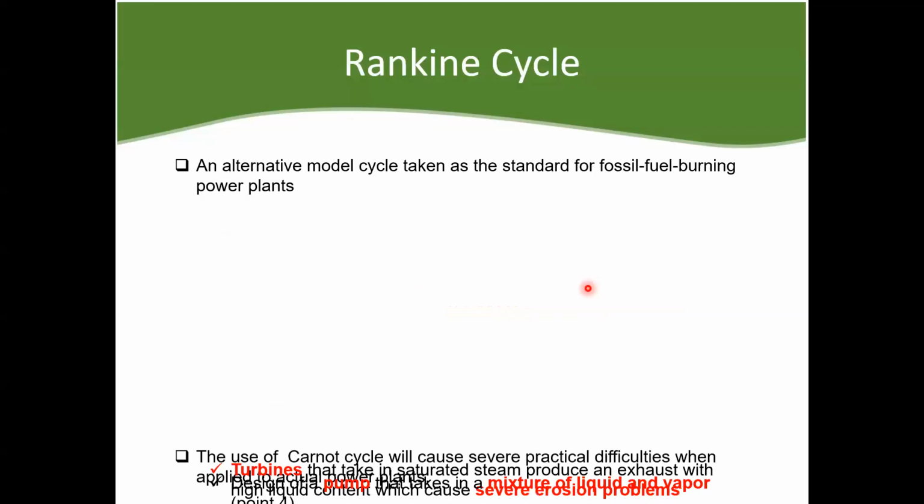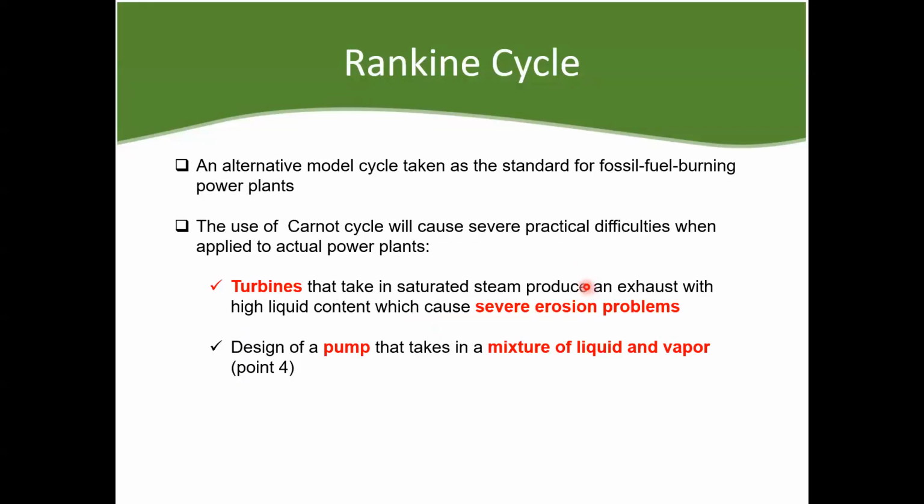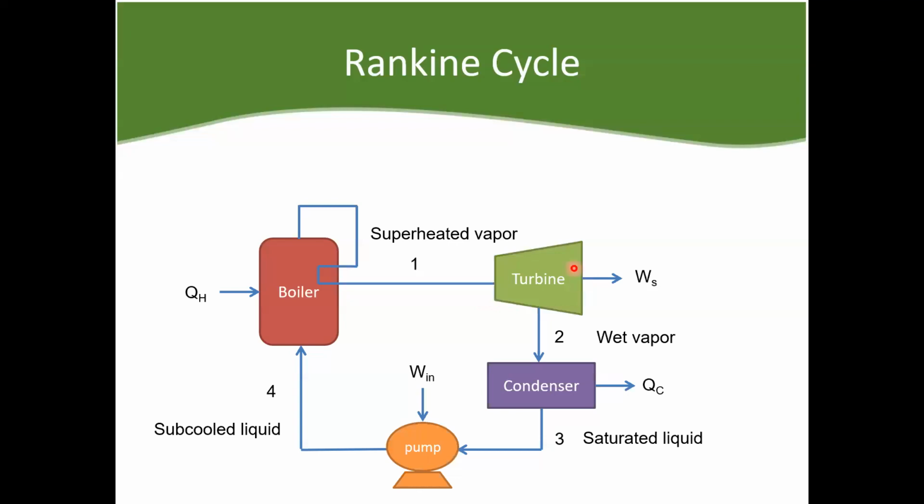So what happens? The Rankine cycle adjusts the Carnot cycle to consider these design limitations. Instead, in the boiler, the fluid is heated to a superheated state.